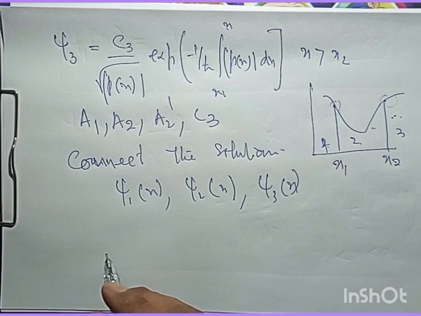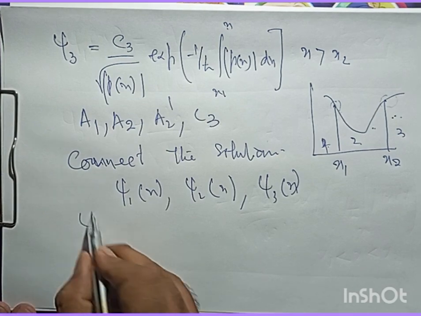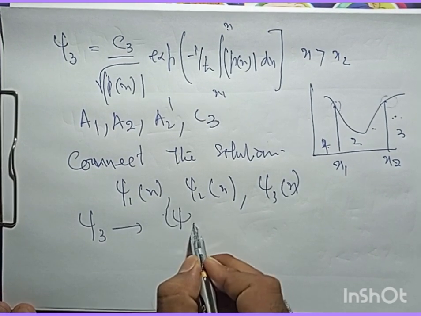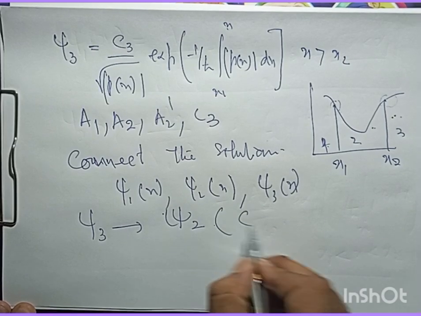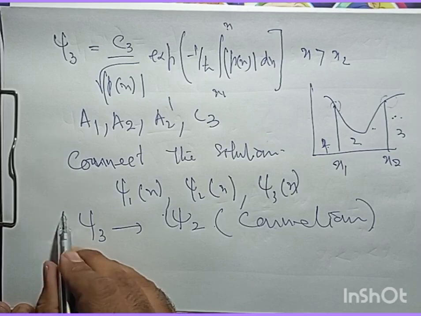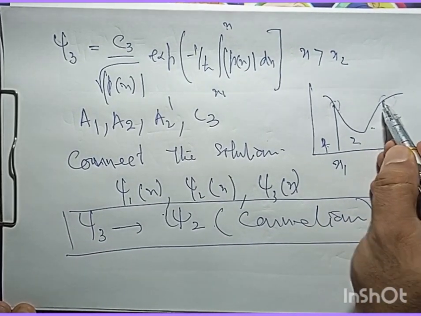So let us first build a connection relation from psi 3 to psi 2. So let's try to obtain the connection relation between psi 3 and psi 2.